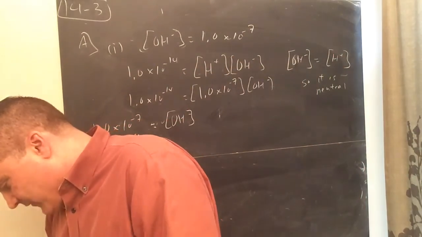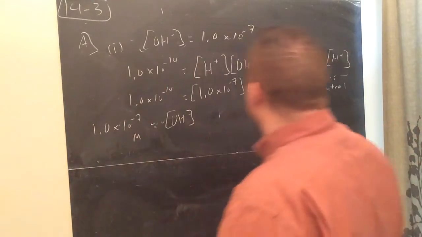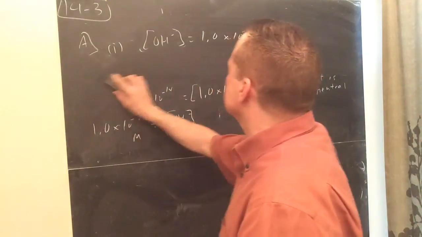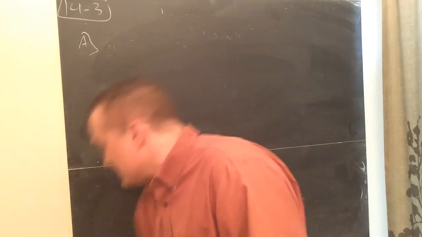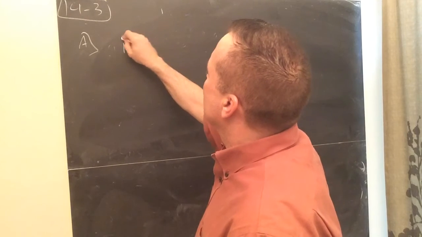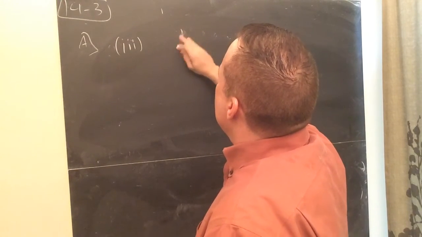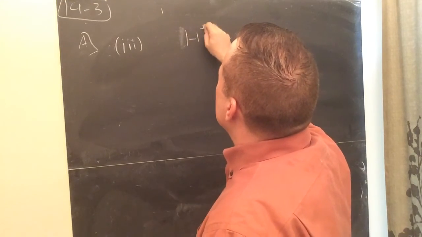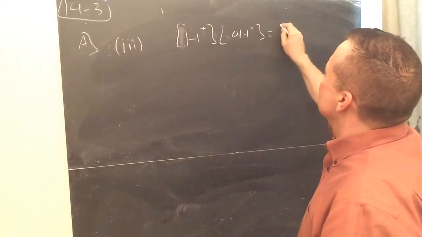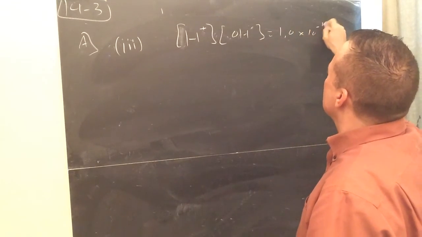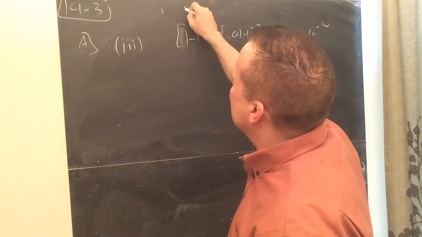All right, number 3, a solution in which H3O plus is 10 molar. I hate to keep writing this down over and over, but oh well. I should have kept the equation up here. H plus times OH negative equals 1.0 times 10 to the negative 14. So if your hydronium, remember that is hydronium, it's the same thing.